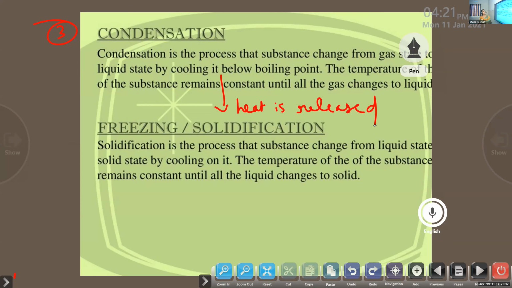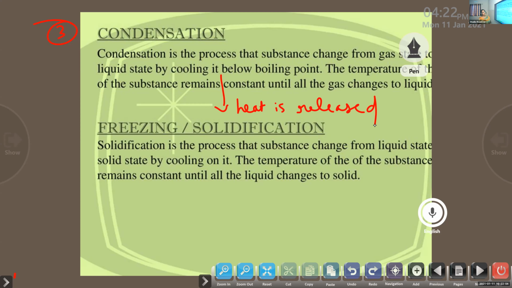So, in melting and boiling, heat is absorbed, but in condensation, the heat is released. Condensation is the process where the substance changes from gas state to liquid state by cooling it below the boiling point.